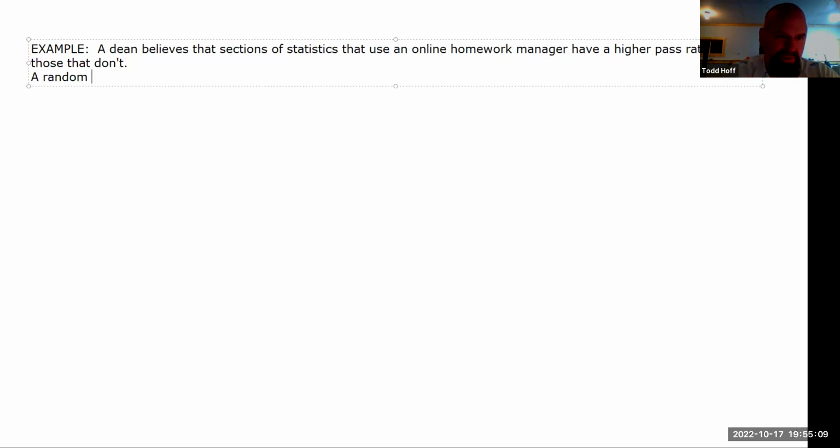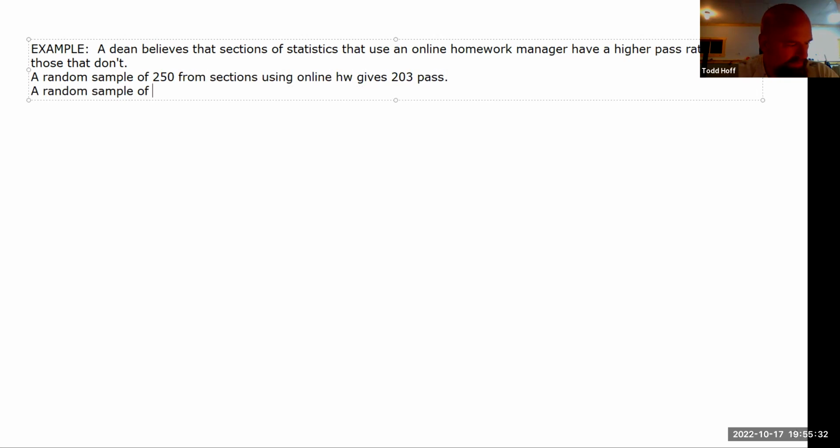So a random sample of 250 from sections using online homework gives 203 that passed. A random sample of 230 from sections not using online homework manager gives 193 that pass.